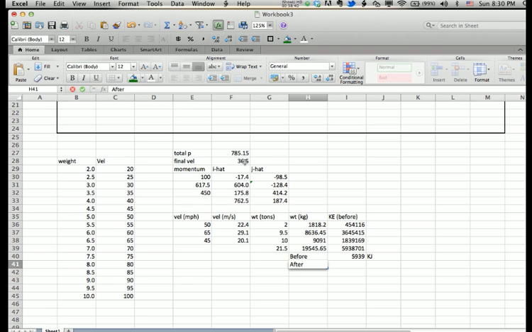we need to come up here and convert this final velocity, equals this velocity times 0.447. So there's the velocity in meters per second. We need that for our energy.